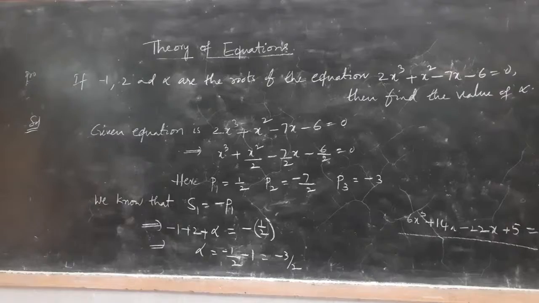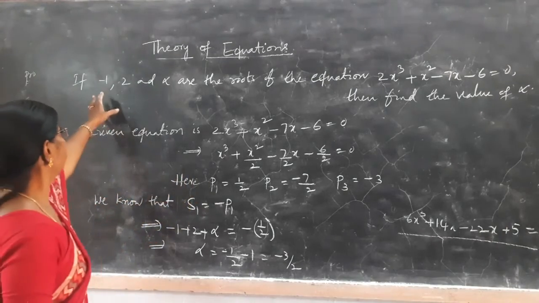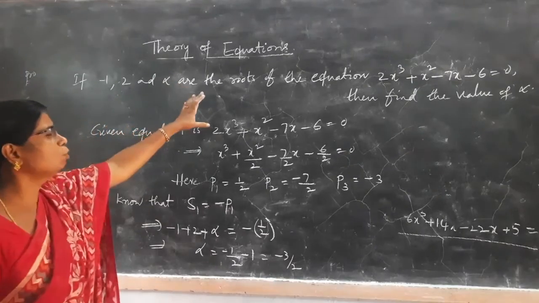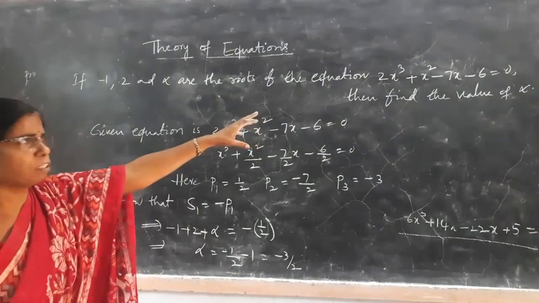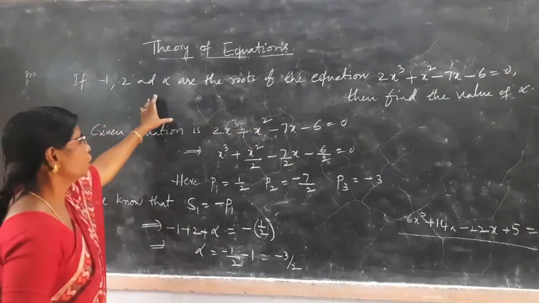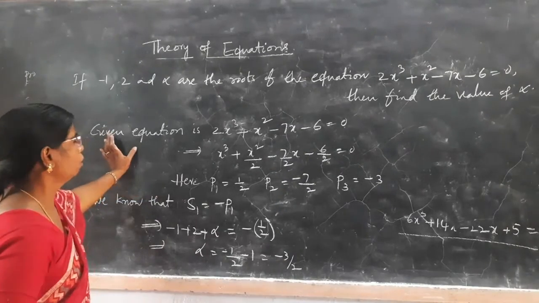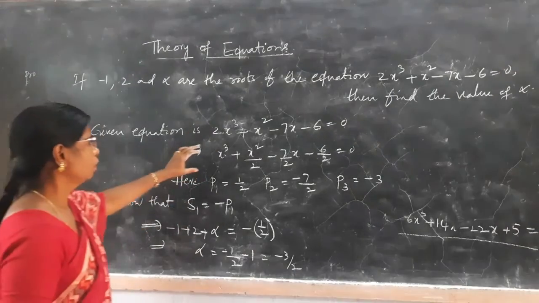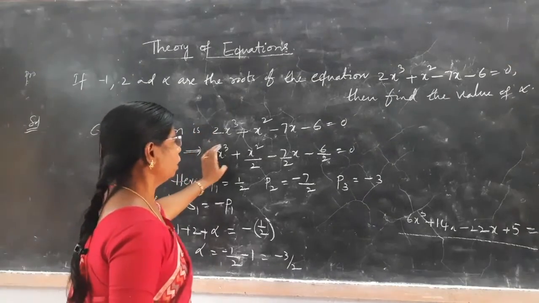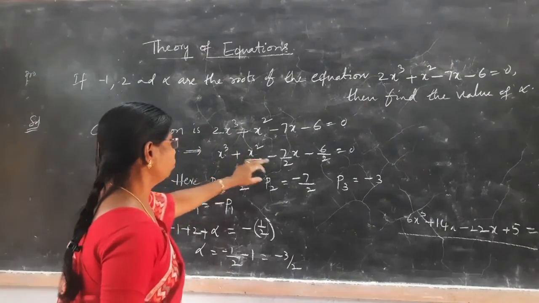So once again see, this is also important for 2 marks. Minus 1, 2 and alpha are the roots of the equation. Given equation is a cubic equation. They gave 3 roots. Then find the value of alpha. So given equation is this; we took it. Okay? So we wrote it as a monic polynomial equation like this. In this we wrote p1 p2 p3.